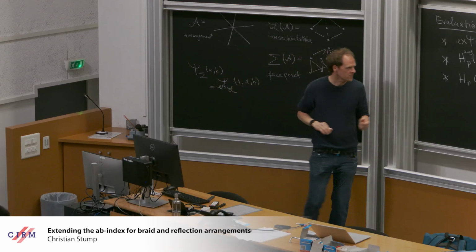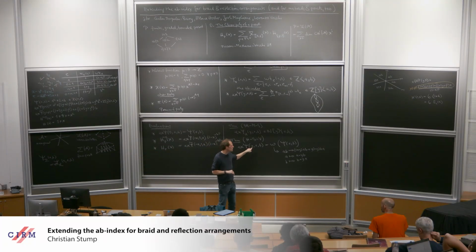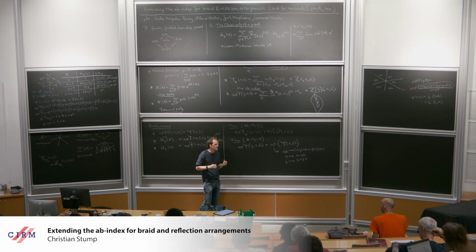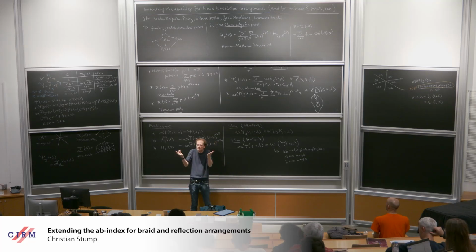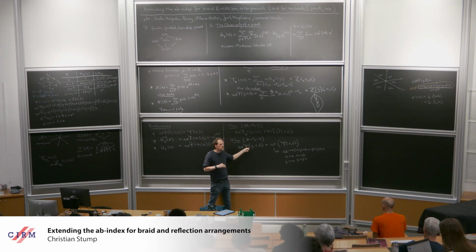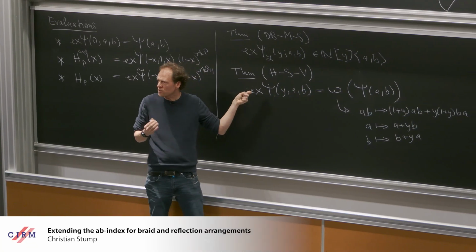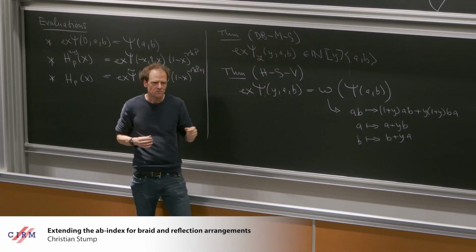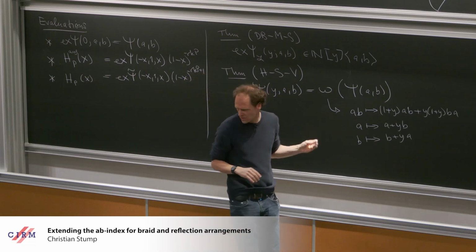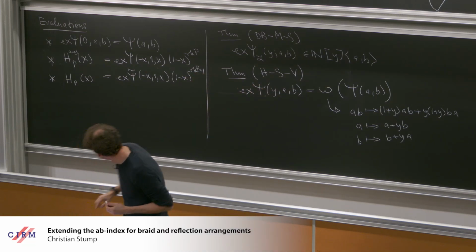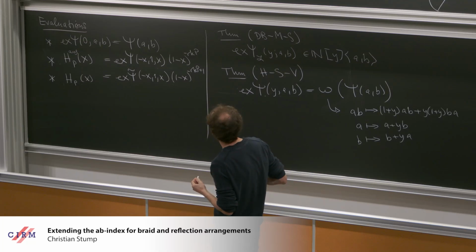But on the other hand, this now allows you to define the AB index of a non-existing face poset for non-realizable matroids. If you have a non-realizable matroid, it doesn't have a face poset, but you can still study its AB index, because you can still study this object on the intersection poset and evaluate it at y equal to 1. Okay, so this is the second property I wanted to show there.